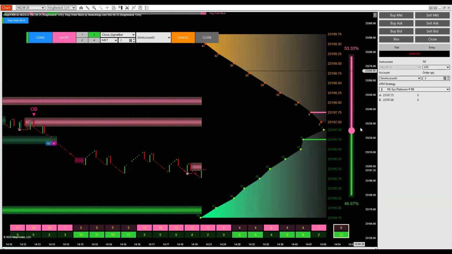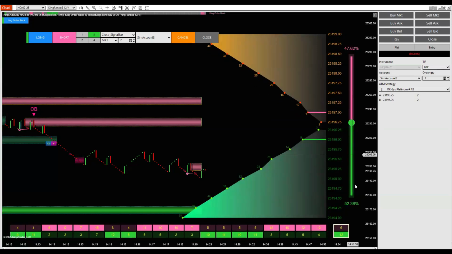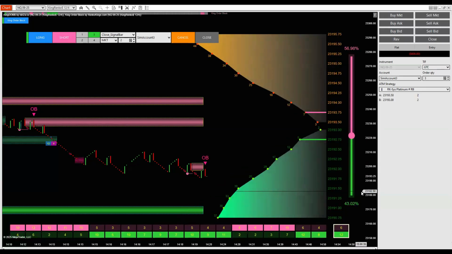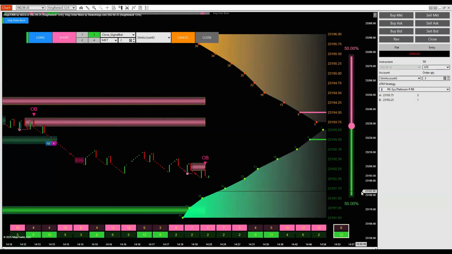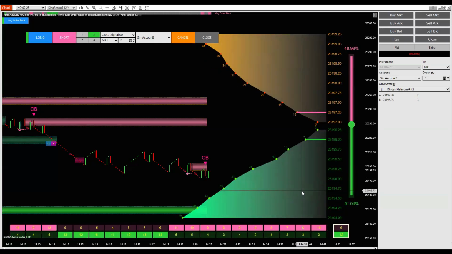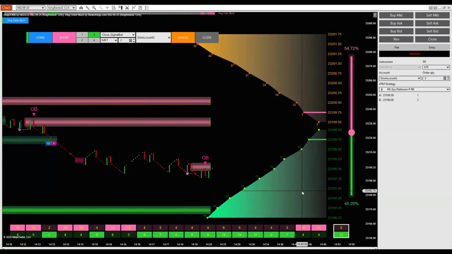Just like this gauge: this part represents the sellers, this part represents the buyers. And again, this is from level 2 data. So if you don't have level 2 data, this simply will not work. Very important, you must have level 2 data.